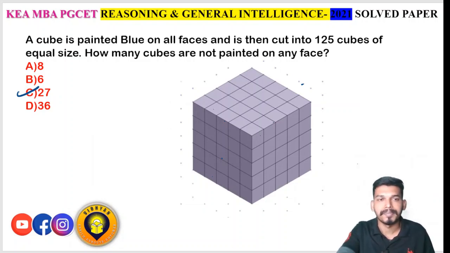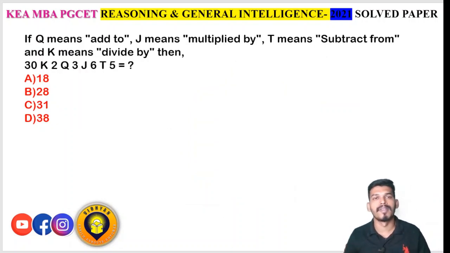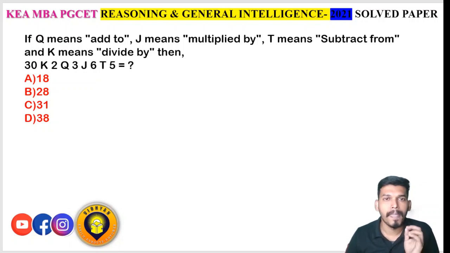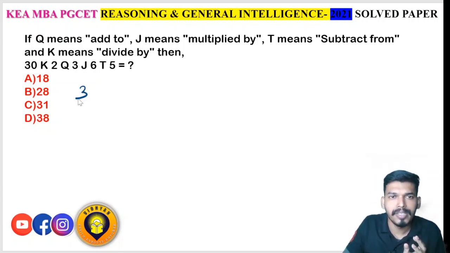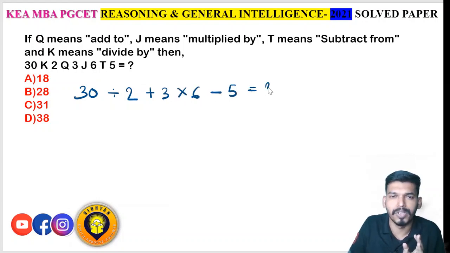Next one. If Q means add to, J means multiplied by, T means subtract from, and K means divided by, then 30 K 2 Q 3 J 6 T 5 equals what? K means divided by. So 30 divided by 2, Q means add, plus 3, J means multiplied by 6, T means subtract from 5, equals to what?